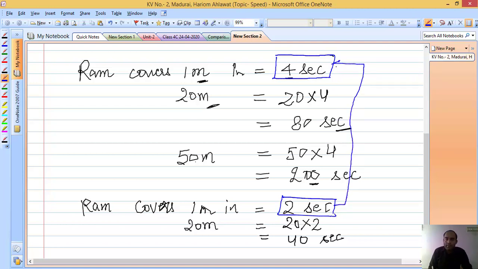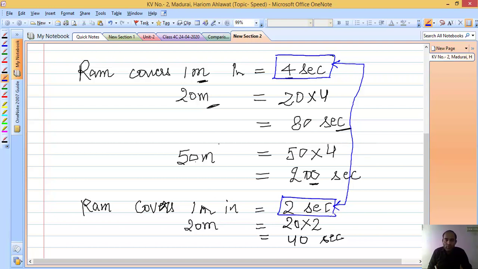He has increased the speed. Okay, so here the speed is less, he is covering 1 meter in 4 seconds. Here the speed is more, he is covering 1 meter in 2 seconds.